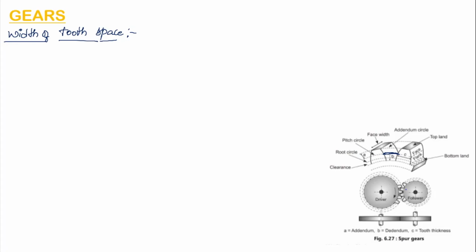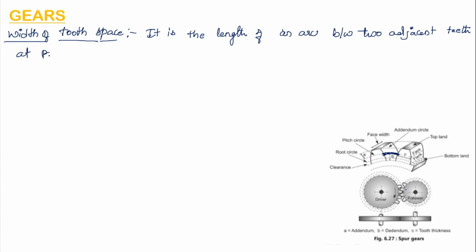So if this is the pitch circle, this is the length of the arc which is formed between two teeth which are adjacent to each other.